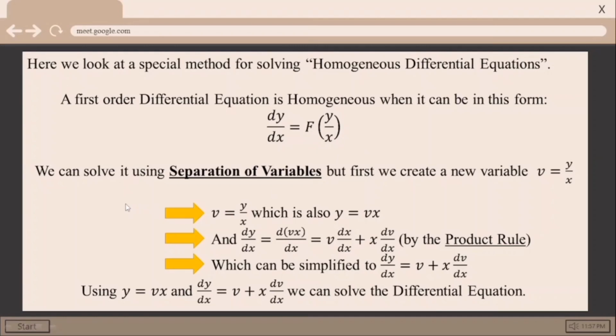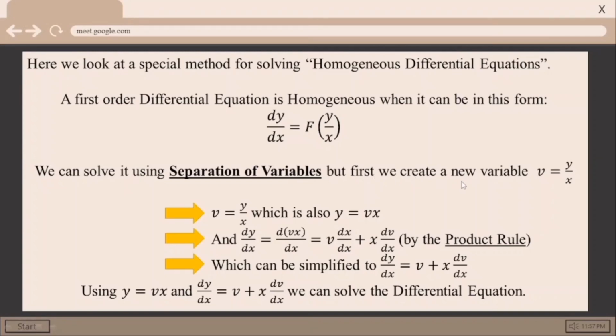So we can solve it using separation of variables, but first we create a new variable v equals y over x. Later on, I will discuss separation of variables more deeply, which is the method we are going to use in solving homogeneous differential equations.